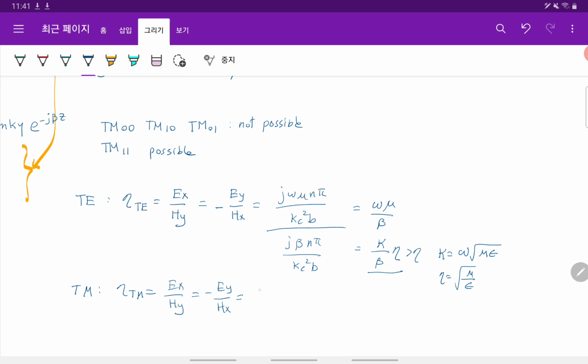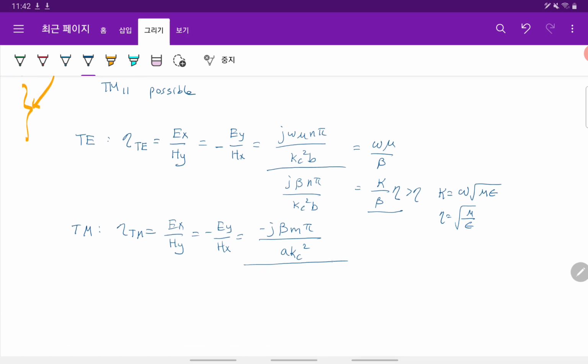If you use the equation from the book, this is beta over omega epsilon, which is also the same as this.